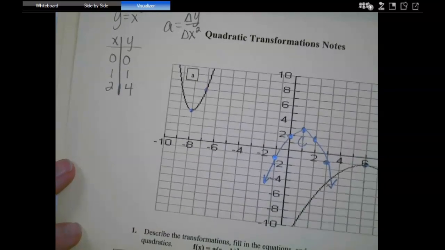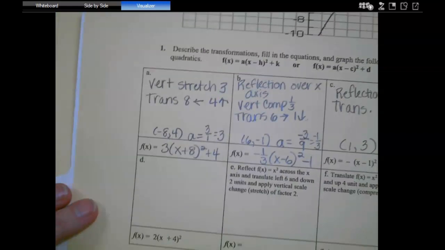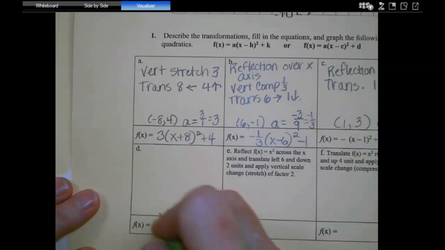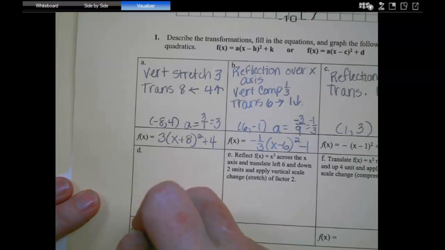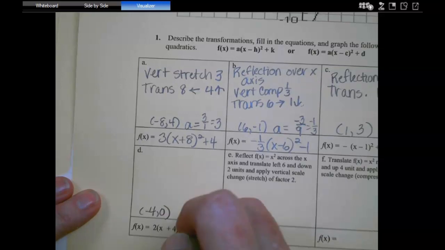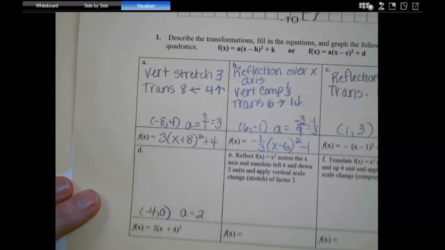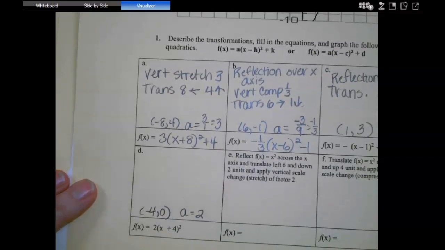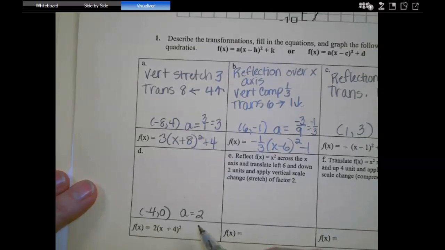So, y'all, my next one is, what is my vertex? -4, 0, and what's my A value? 2. So before I start, y'all, the 2 tells me I'm moving in the Y direction 2 and in the X direction 1, right? 1 squared is still 1.